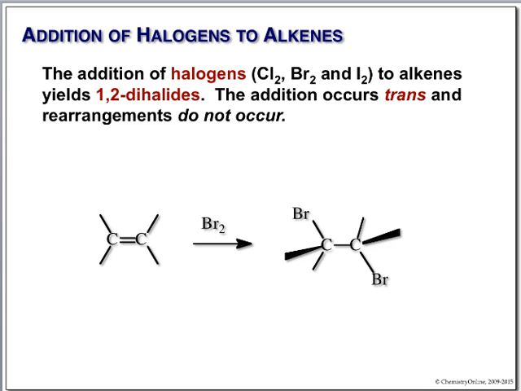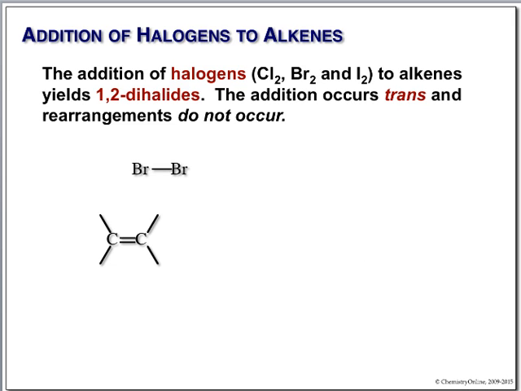Now, understanding why we have trans stereochemistry is actually fairly simple. The mechanism of the reaction looks something like this. What we're going to do first is take our alkene pi cloud, lots of electrons, right? And that's going to attack bromine, Br2, or chlorine or iodine.